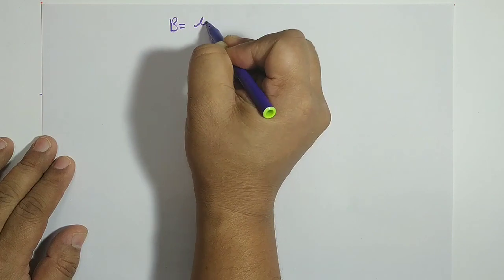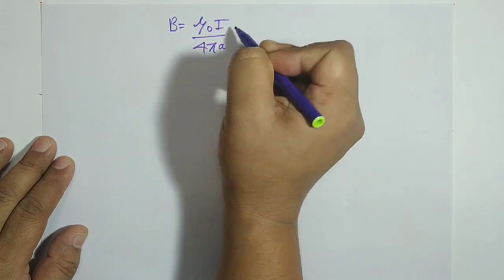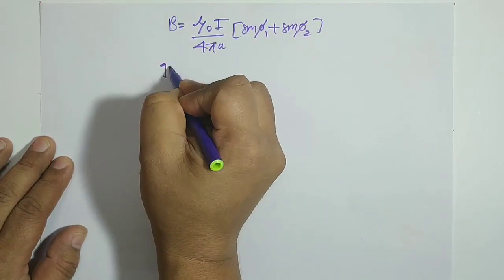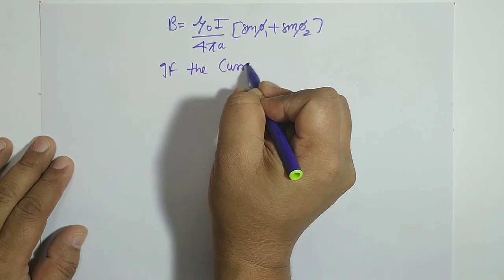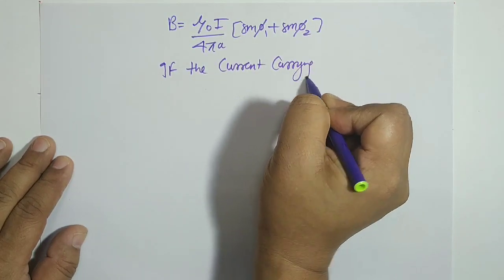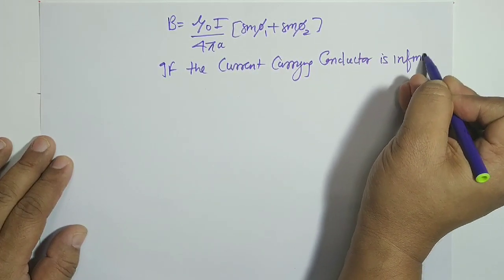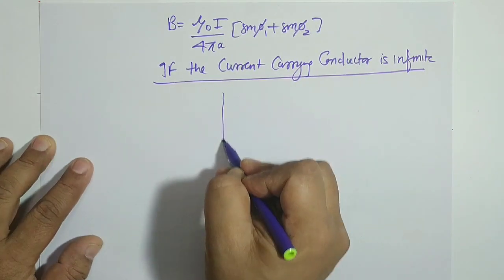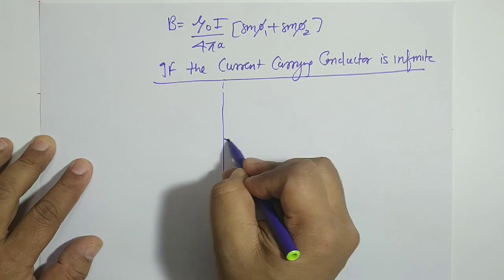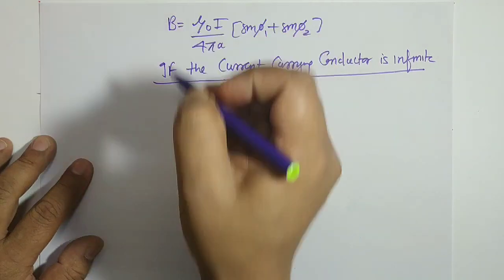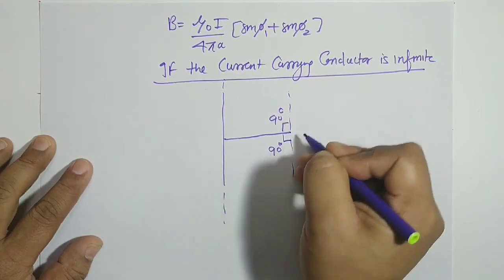Are you getting it? The last thing I want to tell you is that we have the expression B equal to mu naught I by 4 pi A, sine phi 1 plus sine phi 2. Say the current carrying conductor is infinite, a very long wire. What happens in that case? These two ends will become 90 degrees, because it is going to infinity, so the angles will not meet here.